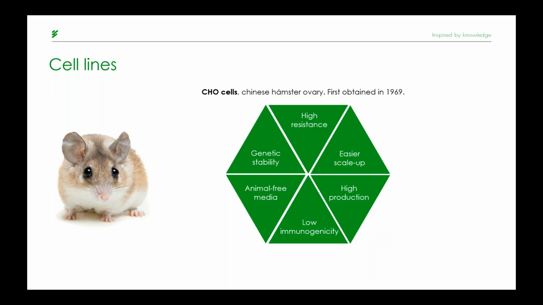Also, they are not human cells, they are hamster cells, but their post-translational modifications resemble those of humans. So the product produced in these cell lines has a low immunogenicity.